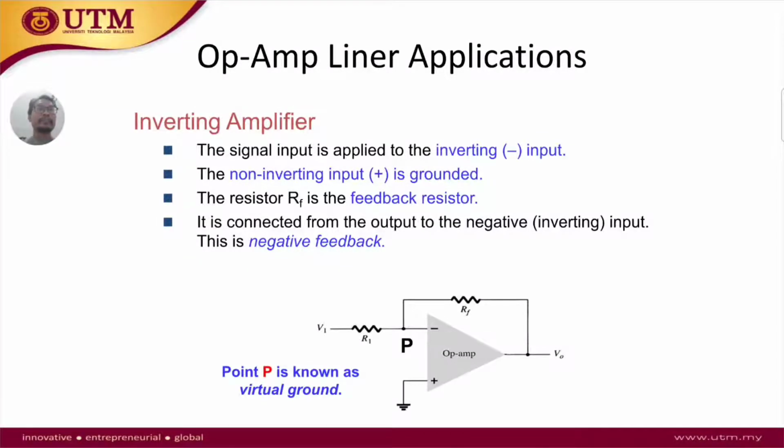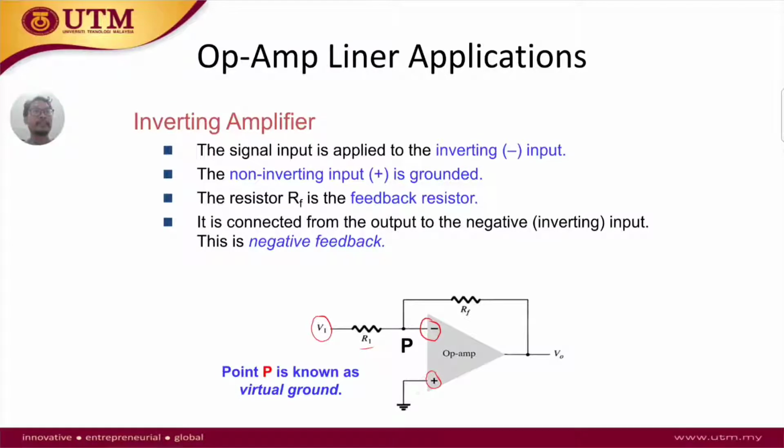So in the inverting amplifier, we have the signal input applied to the inverting negative input. Okay, so we have the signal applied to the negative. It's very important to put your input connected to the negative through a resistor R1. Another characteristic that we have to know is the positive terminal.